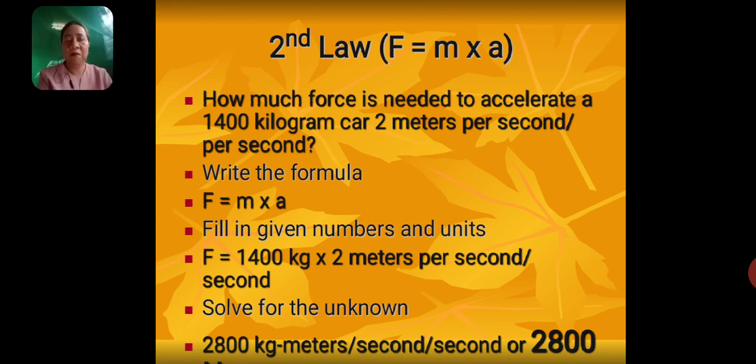The given mass is 1,400 kilograms times the given acceleration, which is 2 meters per second squared. Simply multiply the two given numbers and you will get the answer, 2,800 kilogram meters per second squared, or simply 2,800 newtons.